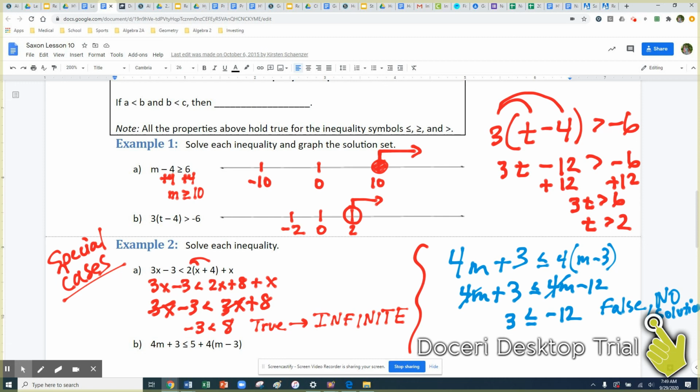Or you can just write a little note to yourself about what it means. But that's all there. These are all extra copies. Here are extra copies of notes.